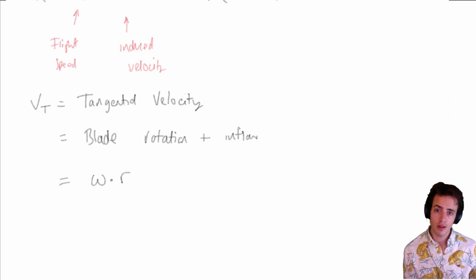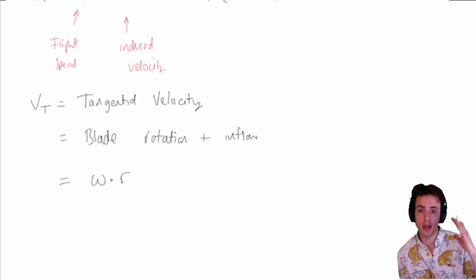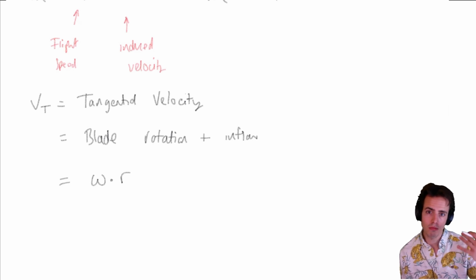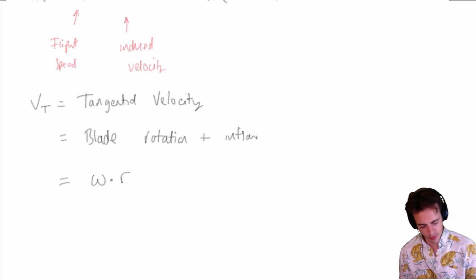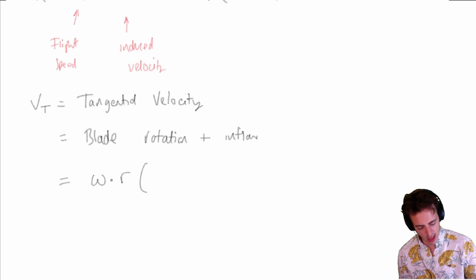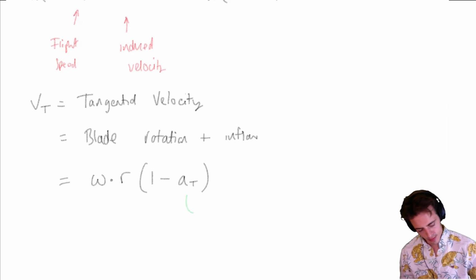As long as we've got our rotational speed defined in radians per second, multiply it by where we are on the blade, that gives us the rotational speed as a translational velocity. Similarly, we then define a new induction factor, 1 minus AT. This is my tangential induction factor.